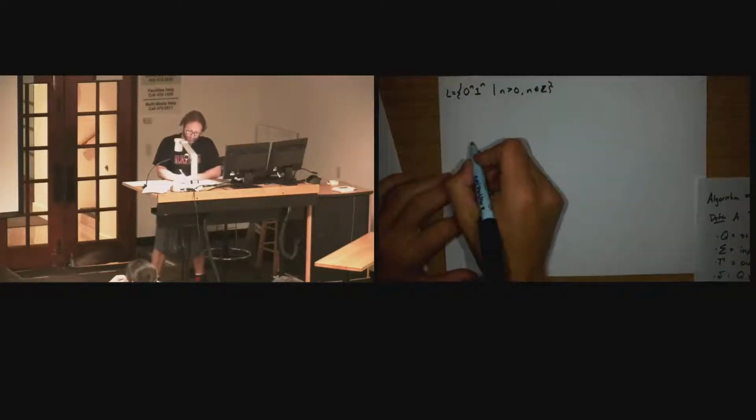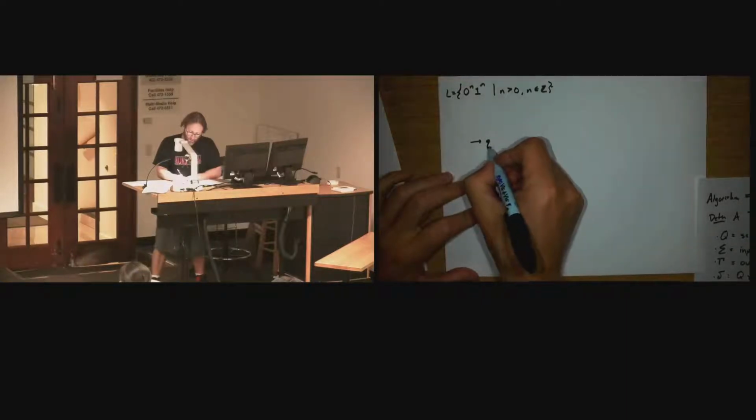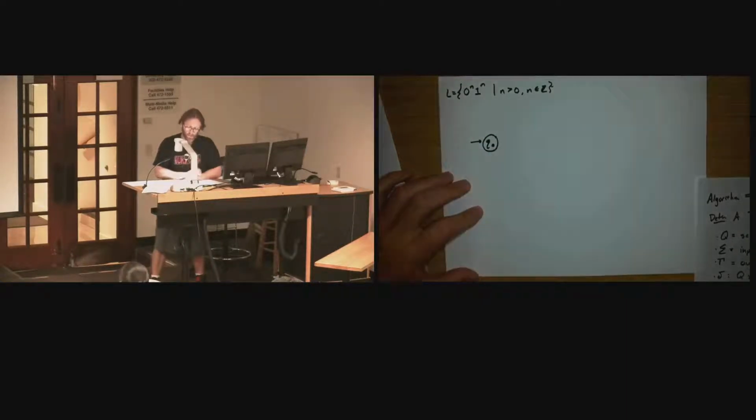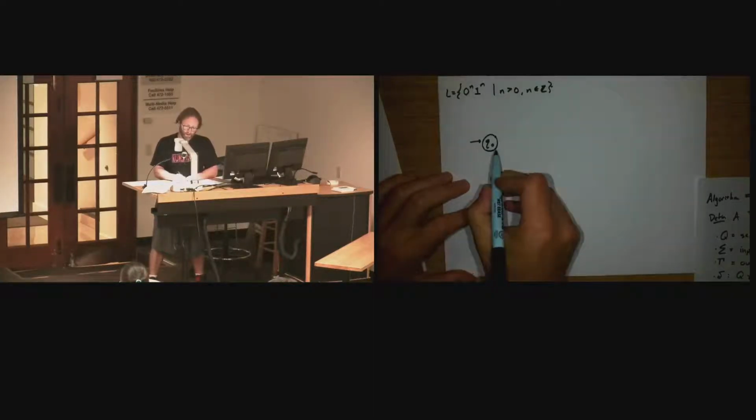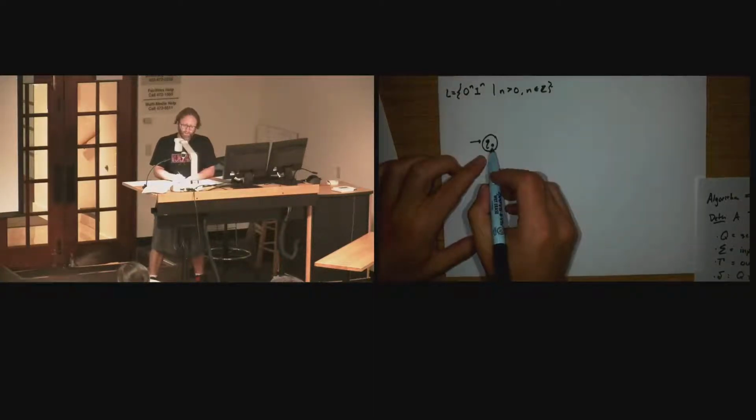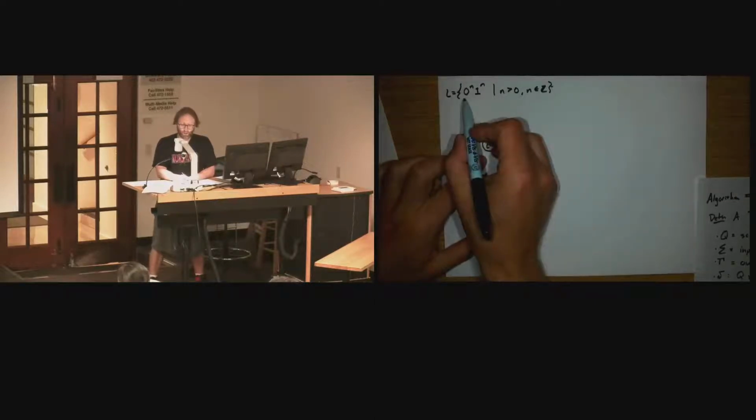Okay? I'm going to start with an initial state. Now, when I start out in this state, if I see a 1, no zeros at all, and I immediately see a 1, should I accept or reject that string? 1, 1, 1, 1. Is that in this language? Nope.